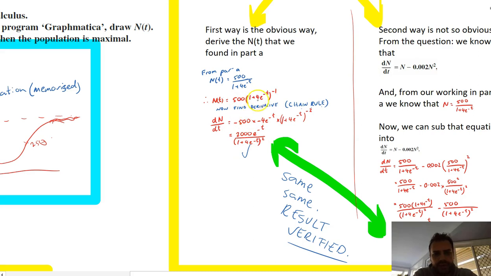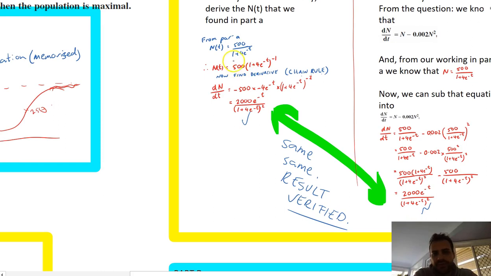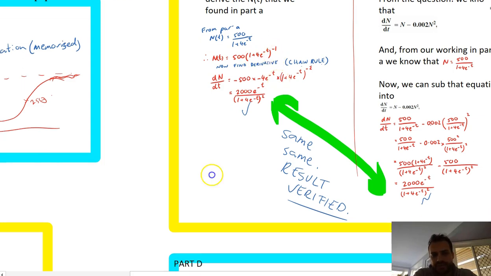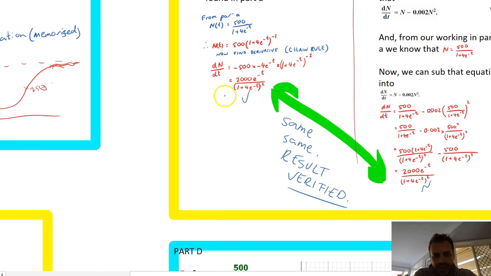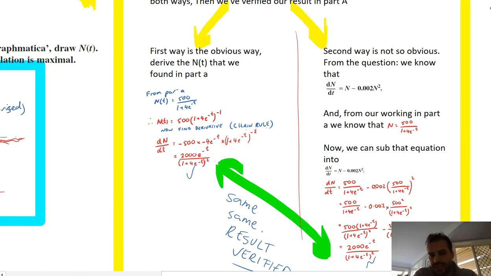And then I've replaced that with u, found the derivative of 500u to the negative 1, found the derivative of 1 plus 4e to the negative t, and multiplied them together. All right, so your derivative should be 2000e to the negative t over (1 plus 4e to the negative t) squared. That's probably the easiest part of this. The next one is just maybe a little more complicated.